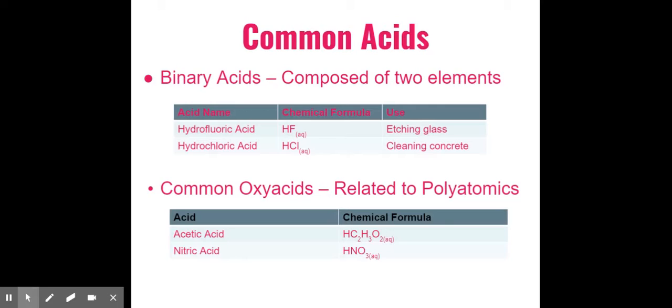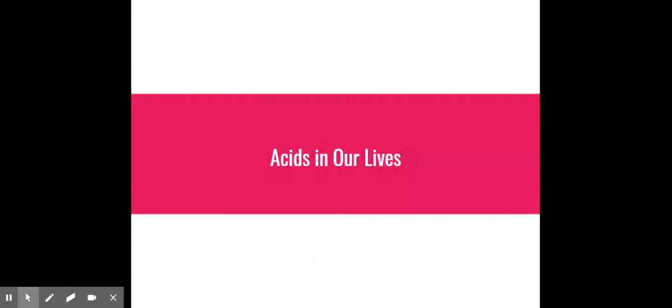So, this is something that you probably have some experience with. And then nitric acid is a yellowish acid that is typically used for sanitizing. That's maybe when you might have come in contact with it, although I doubt that you have.